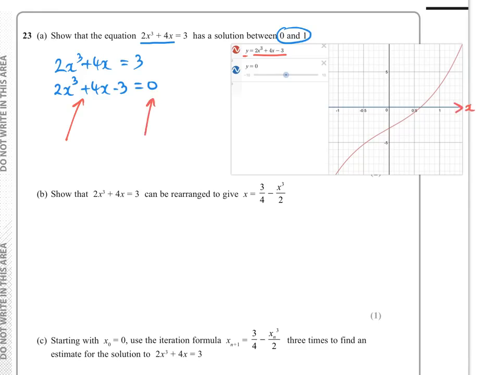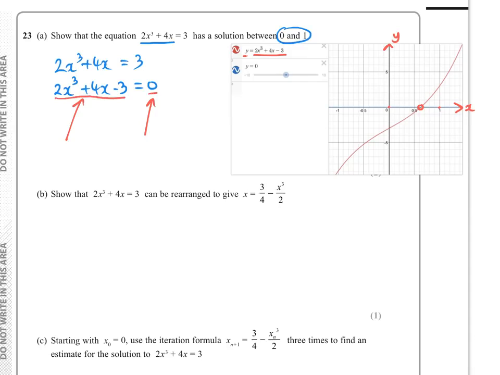So if I just put this on as x, and this is y, we can see here that between 0 and 1 the curve does indeed cut the x-axis, i.e. 2x cubed plus 4x minus 3 is equal to 0 for some value between 0 and 1.